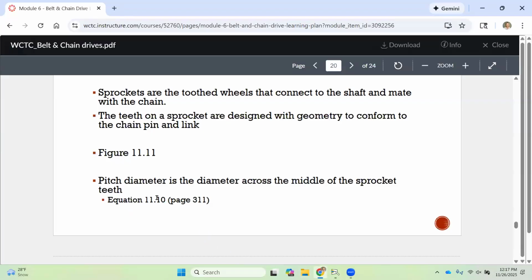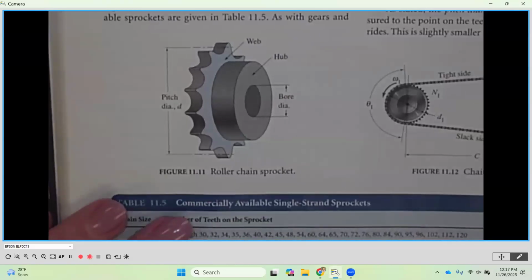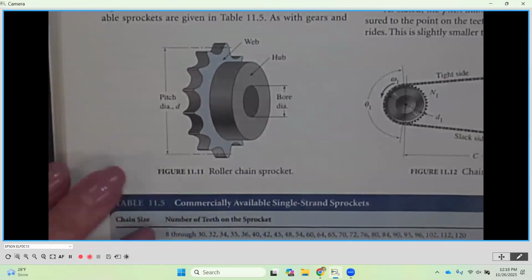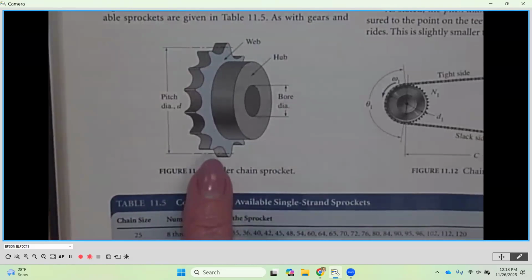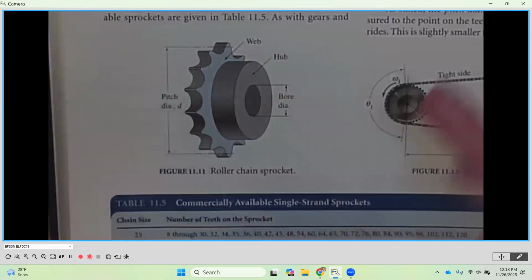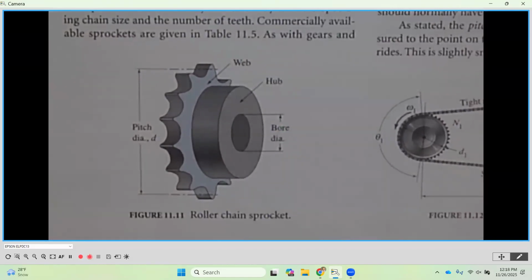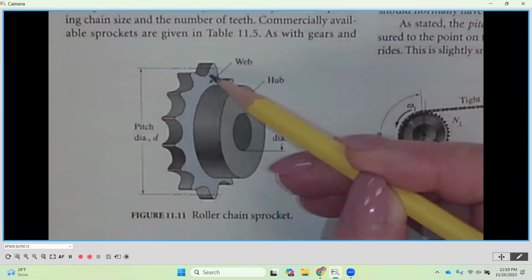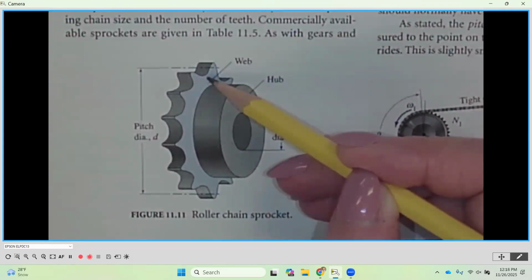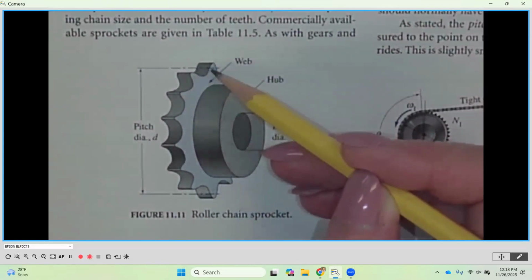The pitch diameter is the diameter across the middle of the sprocket teeth. So if we go back over here, you're going to notice that, and I don't know if it's a great illustration or not, but the pitch, just like it was for gears, it's not the top of the tooth, it's not the root or the bottom of the valley of the tooth, but it's in between here.